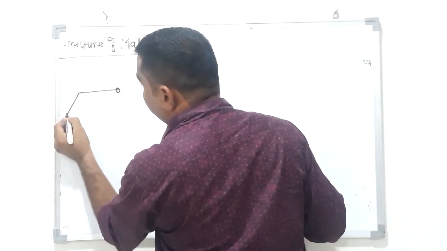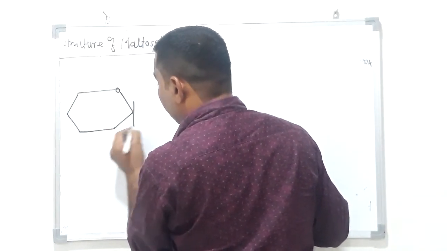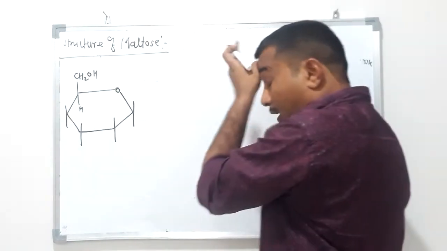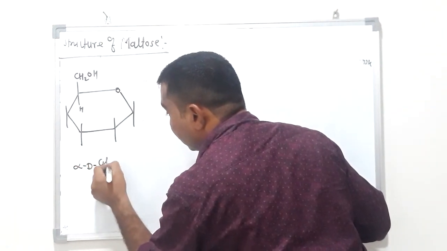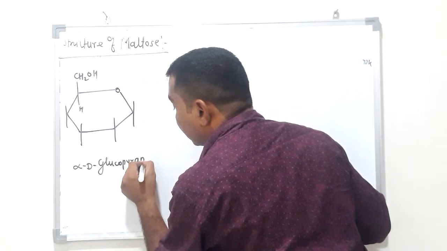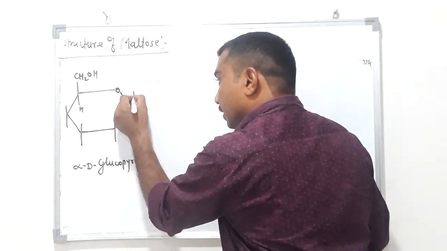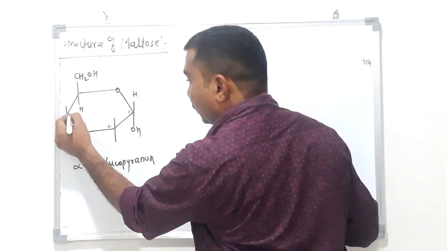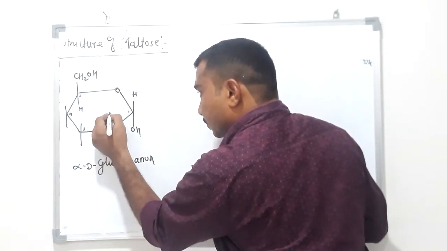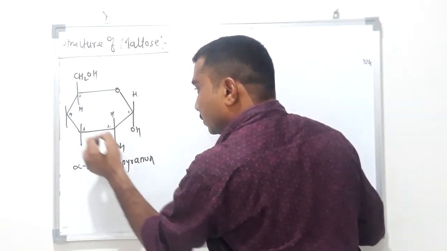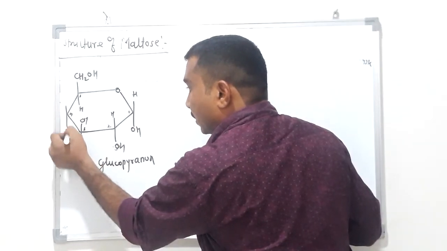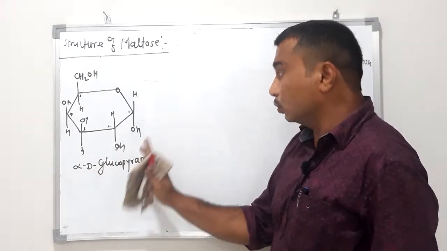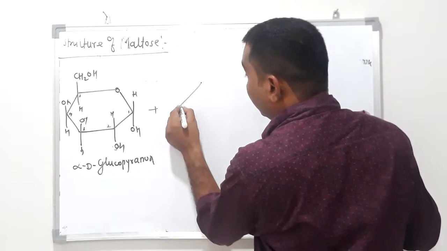As we know, CH2OH, alpha D glucopyranose, OH group down, H. Then carbon number 1, 2, 3, 4, 5, 6, with H, H, OH, OH, H, H, OH, H, OH. This is the Haworth projection formula of alpha D glucopyranose.